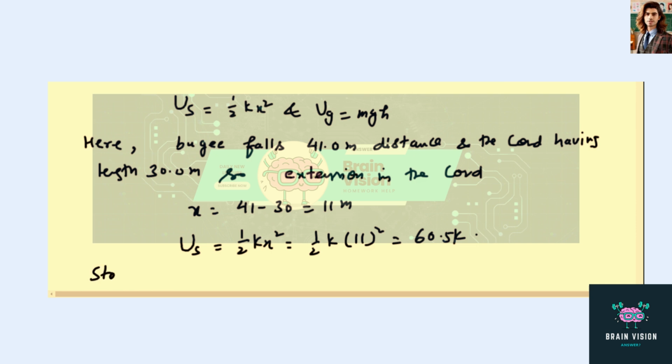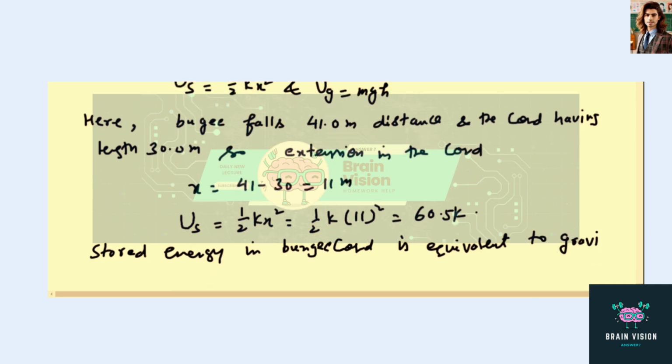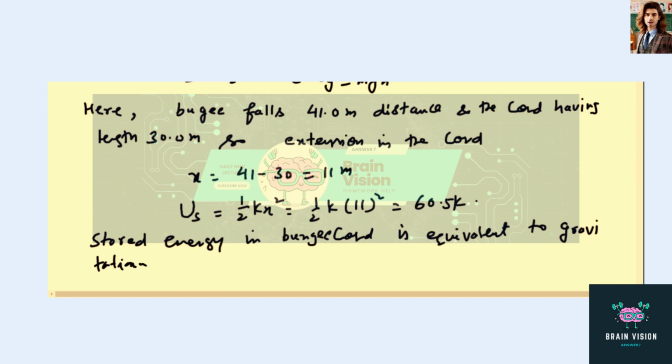The energy stored in the bungee cord is equivalent to the gravitational potential energy at a height equal to the drop distance.